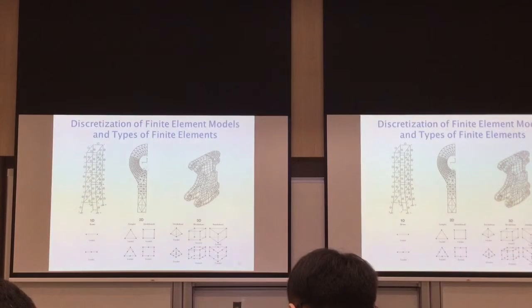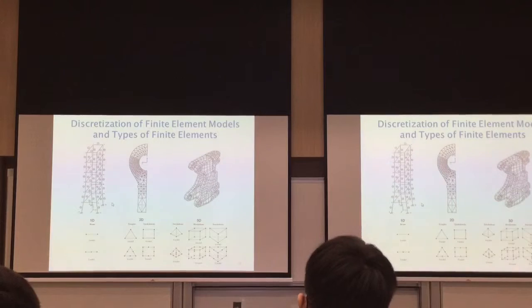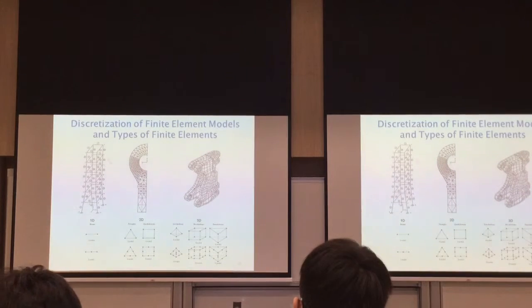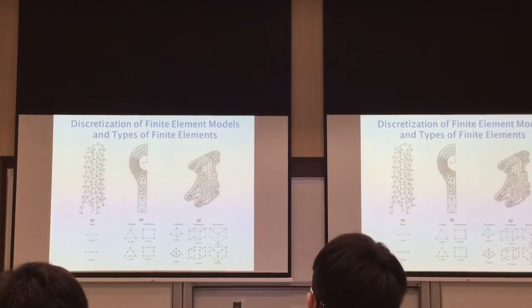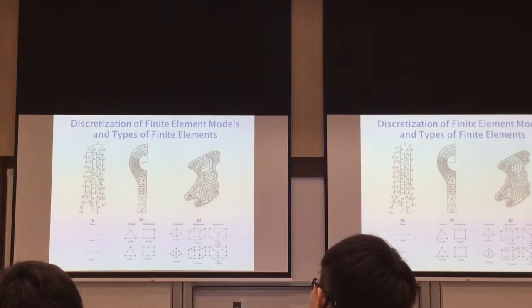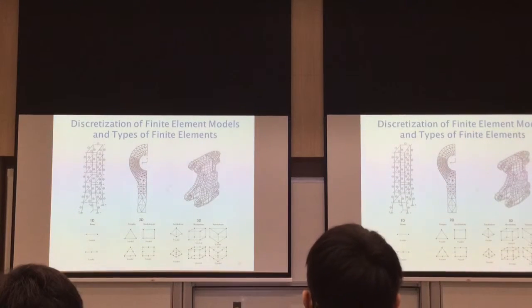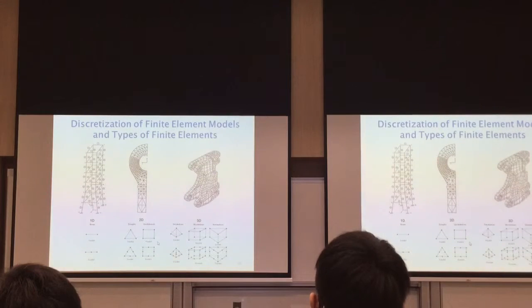So what we did earlier in your Mechanics 3 is to simply look at 1D structures, meaning just skeletal structures. We have the bars, beams, frames, and trusses. Here we're going to look into 2D elements.